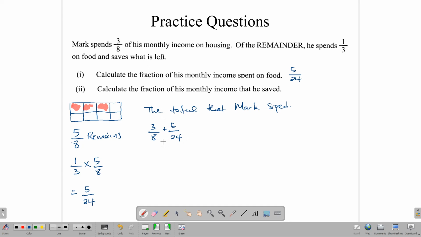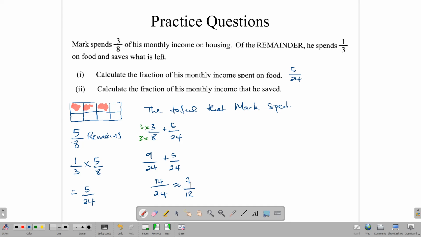So we need to add these two together. Notice again that these two have different denominators, but if we multiply 8 by 3, we can get 24. So 3/8 gives us 9/24. So now we have 9 over 24 plus 5 over 24, and that gives us 14 over 24. 14 over 24 is the same thing as 7 over 12 if you reduce it down, dividing both of these by 2.